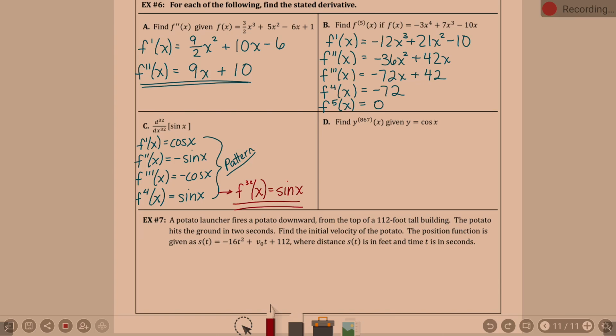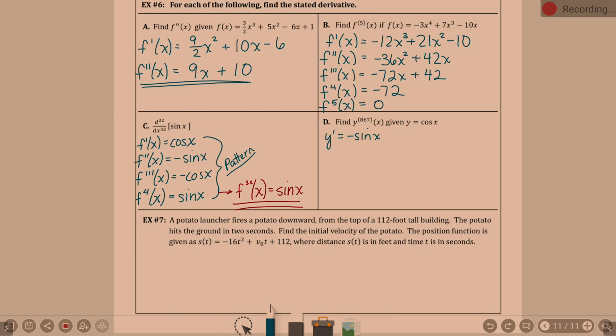Now, I kind of want to do D real quick because it makes us think a little bit more. 32 is obvious, right? 4 times 8 is 32. I'm assuming we're just going to divide it by 4 and look at the remainder. So first derivative of cosine is negative sine.